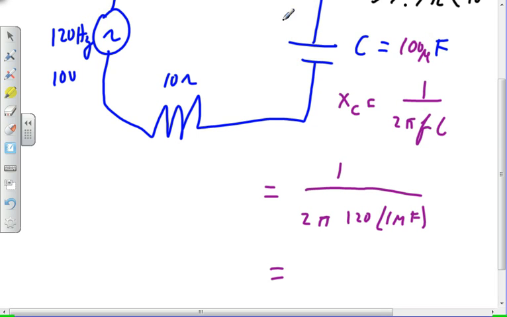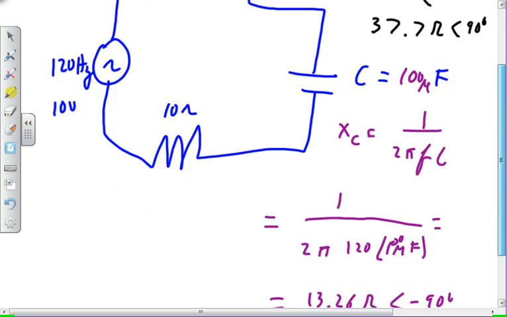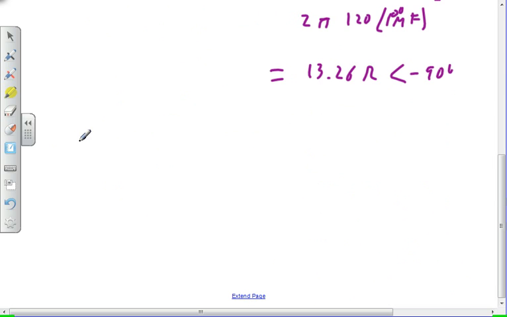Okay, so now we're going to do the calculation again with 100 microfarads, and we're going to end up with an answer of 13.26 ohms, and it's going to have a direction of minus 90 degrees. Okay, so now that we've done that, when we have AC circuits, we have impedance.